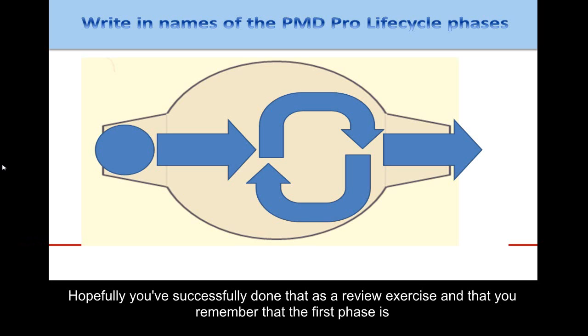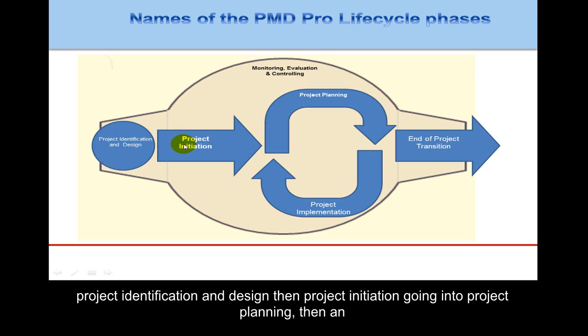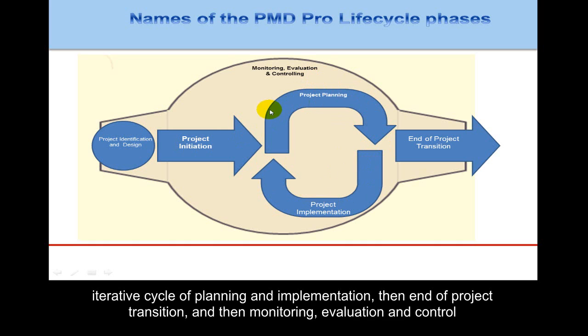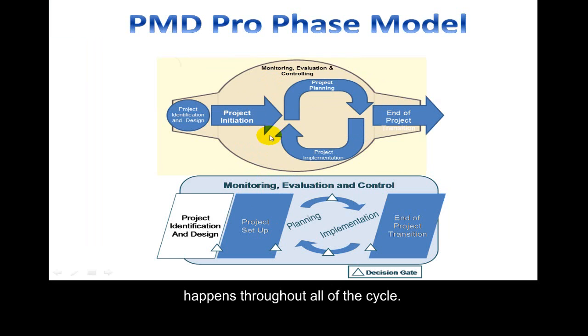Okay, hopefully you've successfully been able to do that as a review exercise, and that you remember that the first phase is project identification and design, then project initiation, going into project planning, and this iterative cycle of planning implementation. And then end of project transition, and that monitoring, evaluation, and control happens throughout all of the cycles.